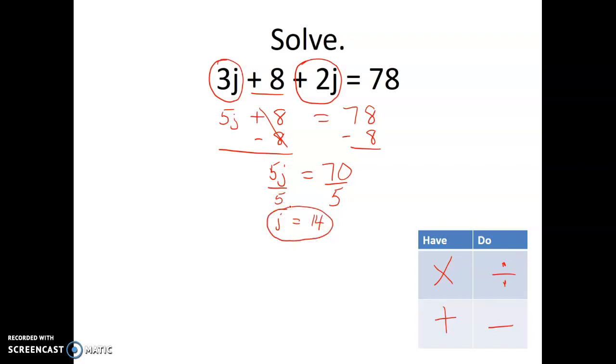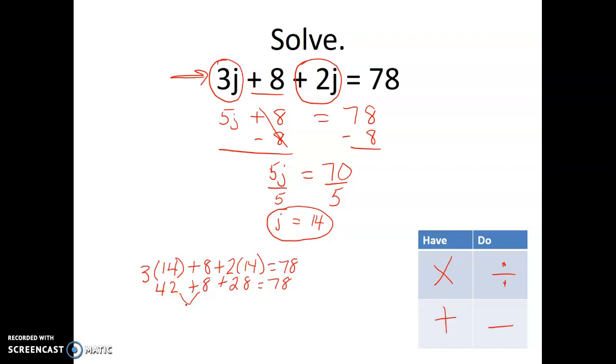Now, I believe that's correct, but I still need to check it. I'm going to go back to my original equation and substitute 14 everywhere I see a j. So here we go. 3 times 14 is 42, plus 8, plus 2 times 14 is 28, and that should equal 78.